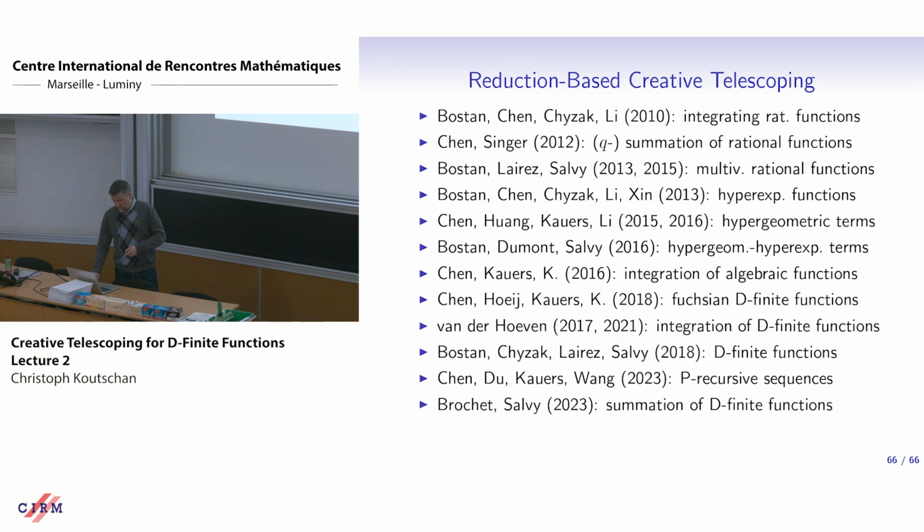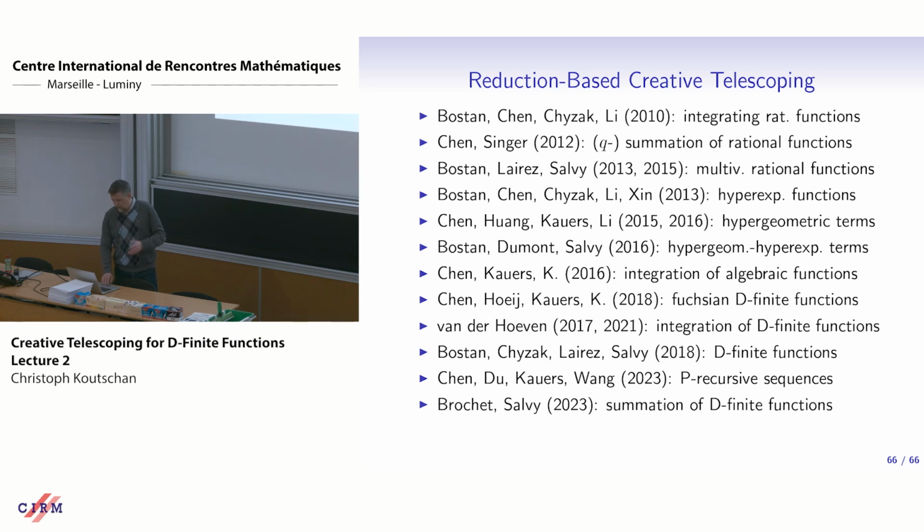Okay, and you could make a whole lecture about this business because there was so much development in the past years, starting from 2010 when Bostan, Chen, Chyzak, Li talked about the integration of rational functions. Then this was done for bivariate rational functions.